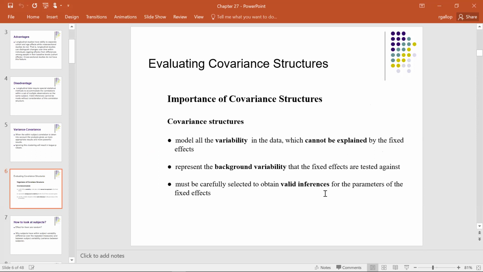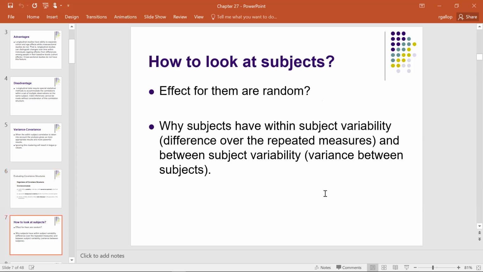So the big thing is the covariance structure. Like anything, we're trying to get to some sense of parsimony, right? But the variance covariance matrix wants to be able to get that residual variance as one component, so the variability not explained by the model. And we also want to take into account the whole clustering of the repeated measures.